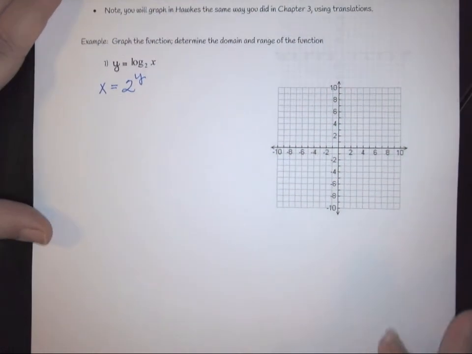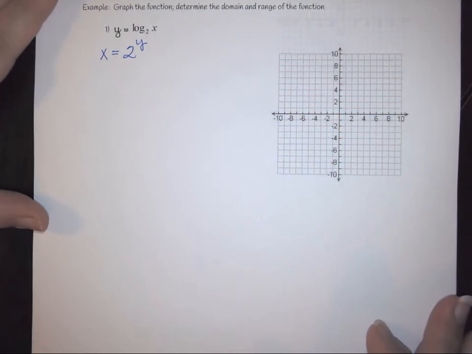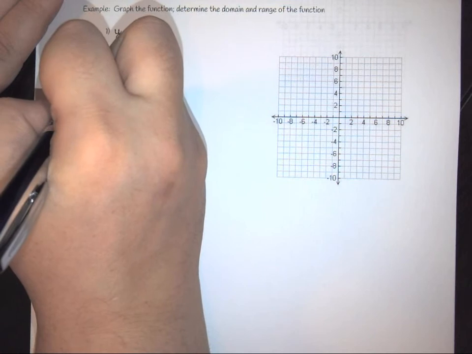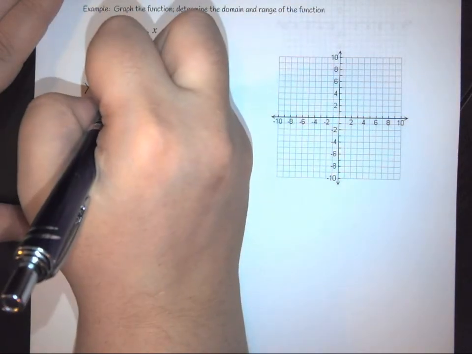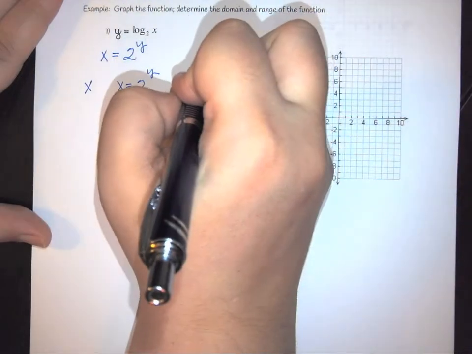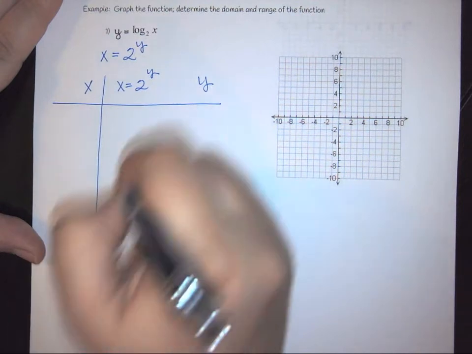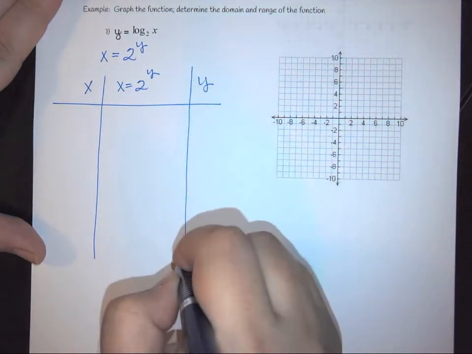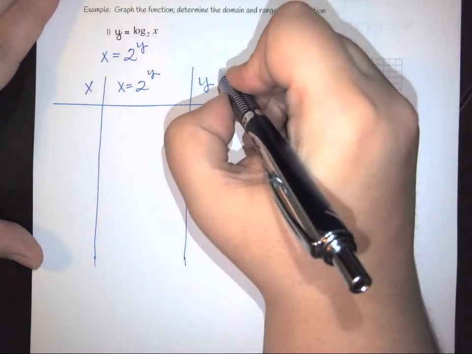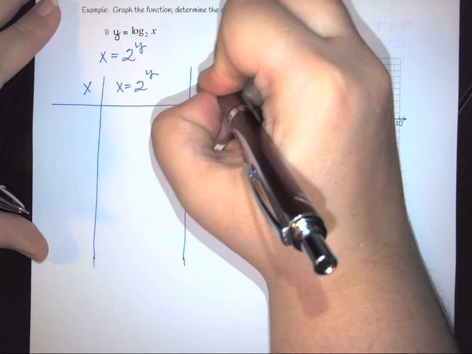And then we're going to make an xy table, but it's going to look slightly different than the ones you've used before. So we have x, in other words, x equals 2 to the y, and then we have our y. So my table here is going to have 3 columns just to help me keep things straight, because in this instance we are doing something unfamiliar.